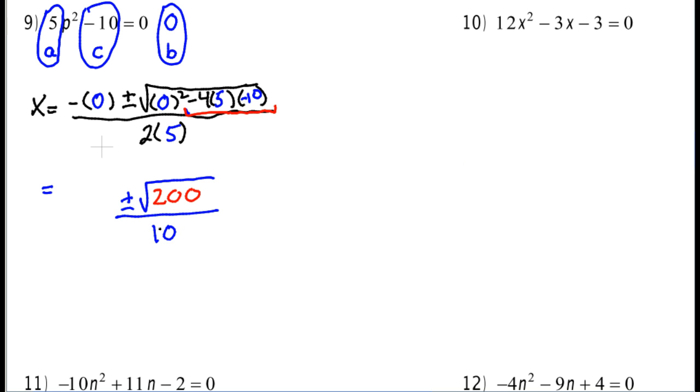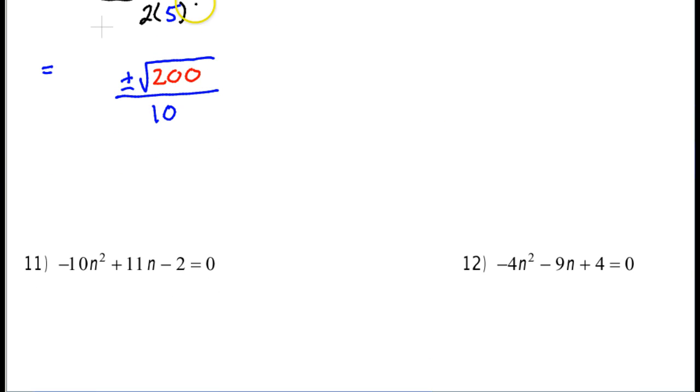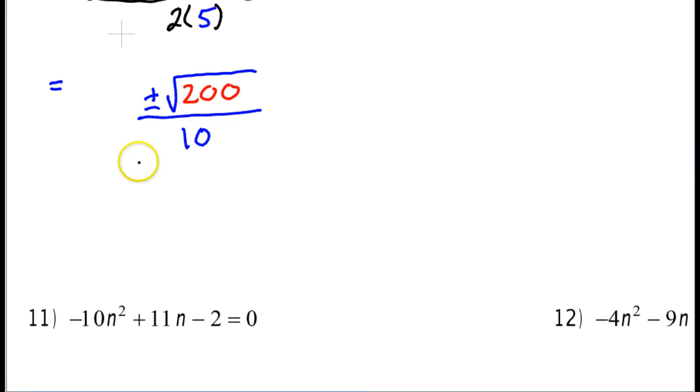Good. Okay, radicals. Can we reduce this radical? Okay, what does it reduce to? So you might remember we had that chart with all the different numbers that are multiples of perfect squares.